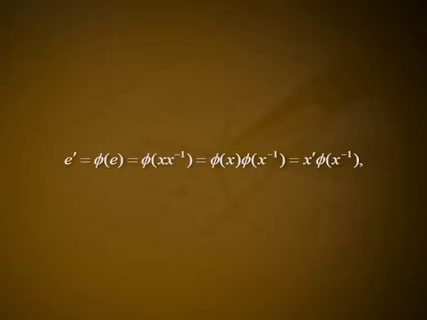Existence of inverse element for each element in phi of G. For x dash belongs to phi of G, where x dash is equal to phi of x, we have E dash is equal to phi of E, which is equal to phi of x inverse, which is equal to phi of x into phi of x inverse, which is equal to x dash phi of x inverse, which shows that x dash inverse is equal to phi of x inverse belongs to phi of G. Hence, phi of G is a subgroup of G dash.